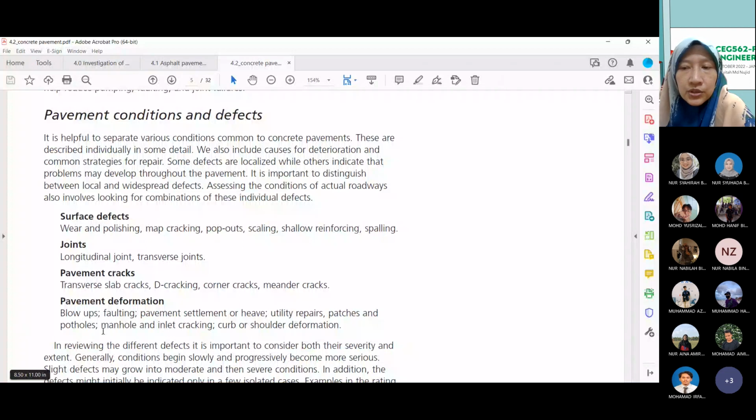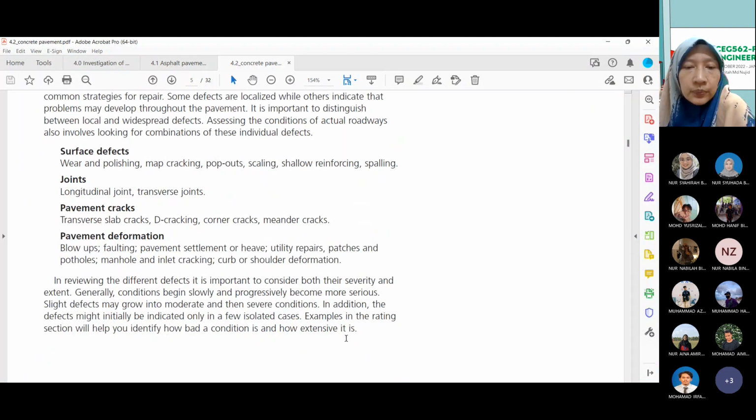And for pavement deformation, we have blow-up, supporting pavement settlement or heave, utility repairs, patches, potholes, manhole and inlet cracking.